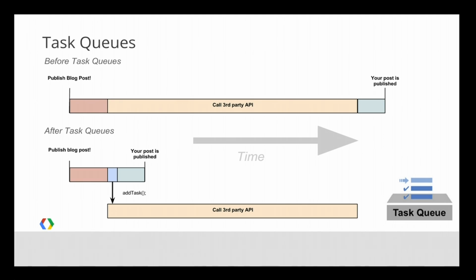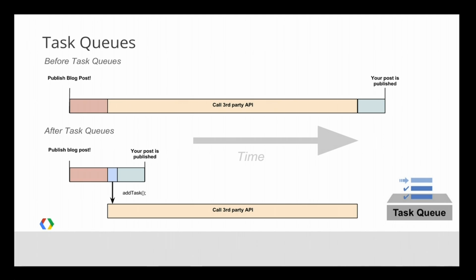Task queues allow you to take that unit of work and run it asynchronously outside of the request-response cycle. And what that means is, instead of waiting for long-running processes to complete, your application can respond much more quickly. You can respond effectively immediately to your end users, so they get a snappier response and they get a much better experience using your service.